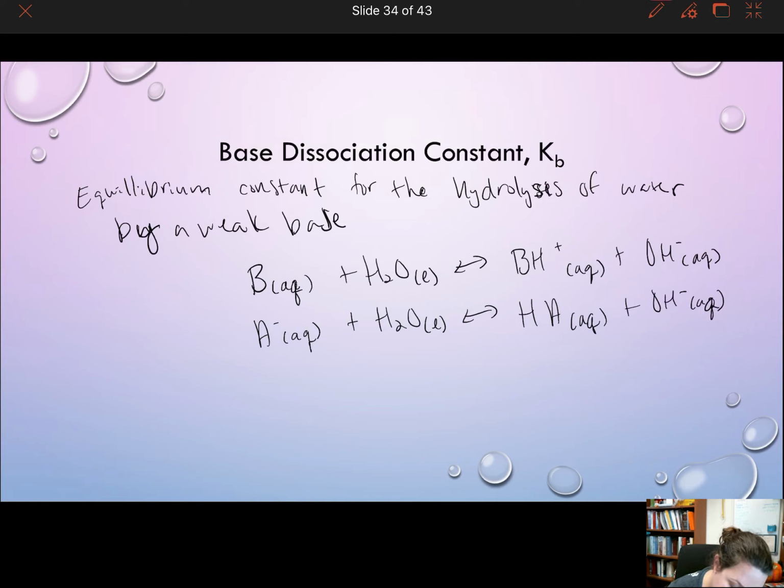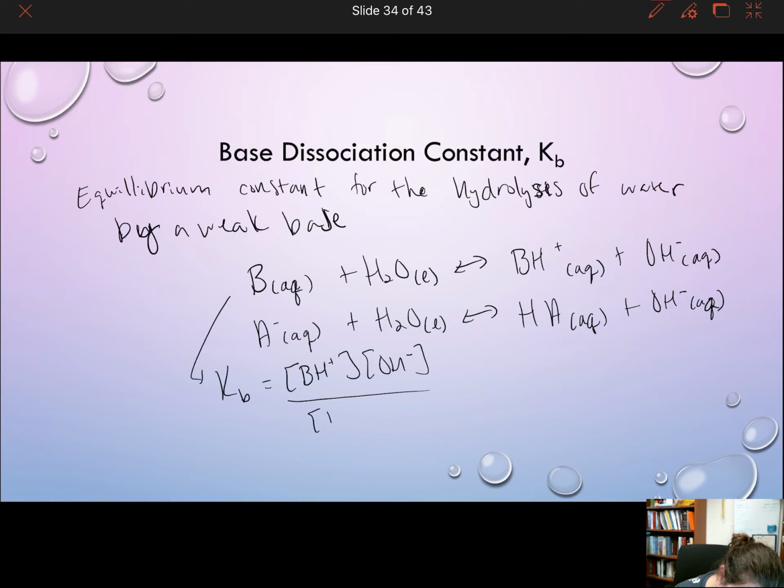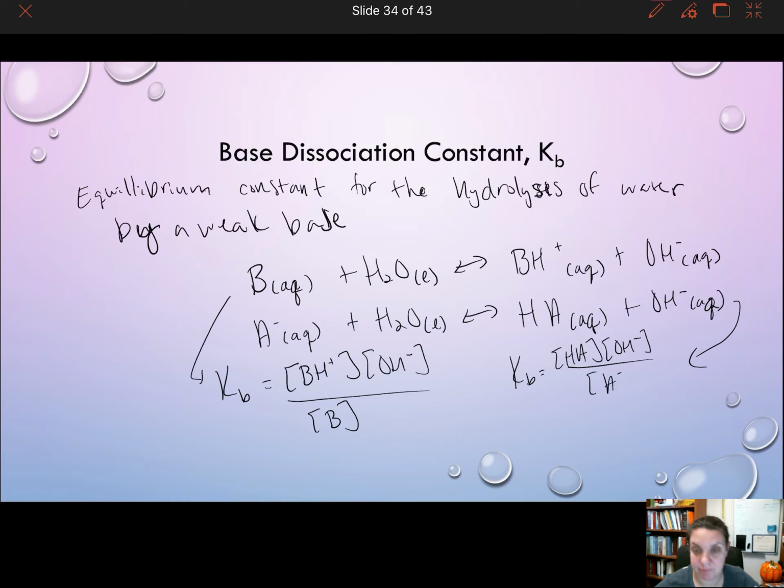So for the first one, our Kb, again, only aqueous species in here would be BH plus, OH minus, over B, and then our other Kb will be HA, hydroxide, over A minus.